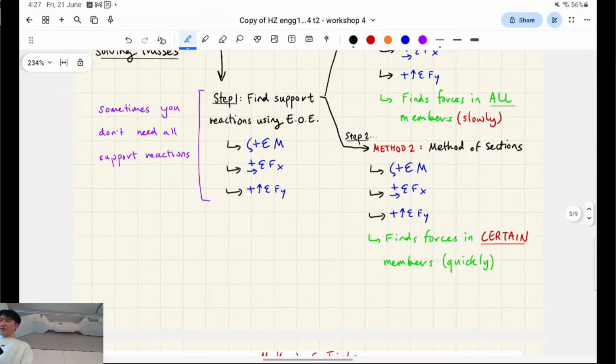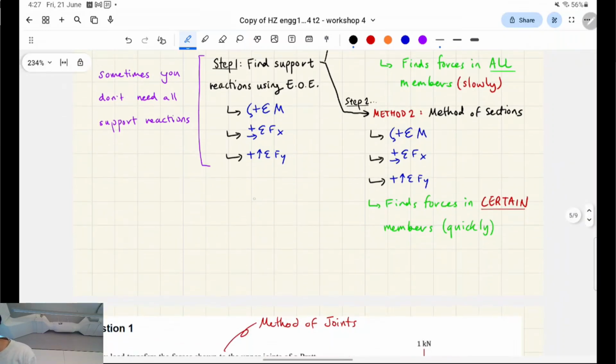The second method is called the method of sections. This method is a way to find certain members quickly. It's pretty fast to set up if we only want, say, 2 or 3 members' internal forces, but it's not an efficient way of getting all of the members. What this involves, I might draw a bigger truss.